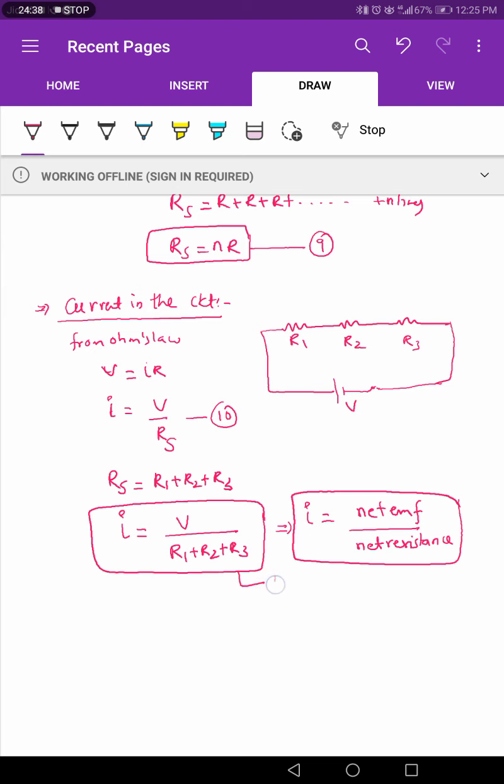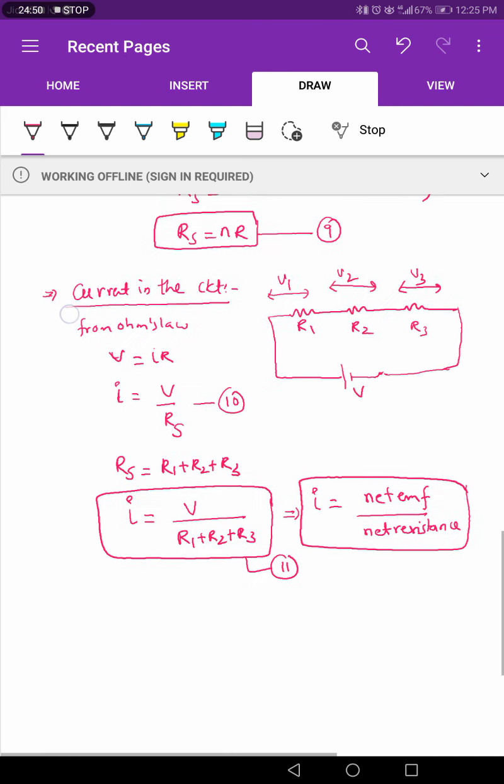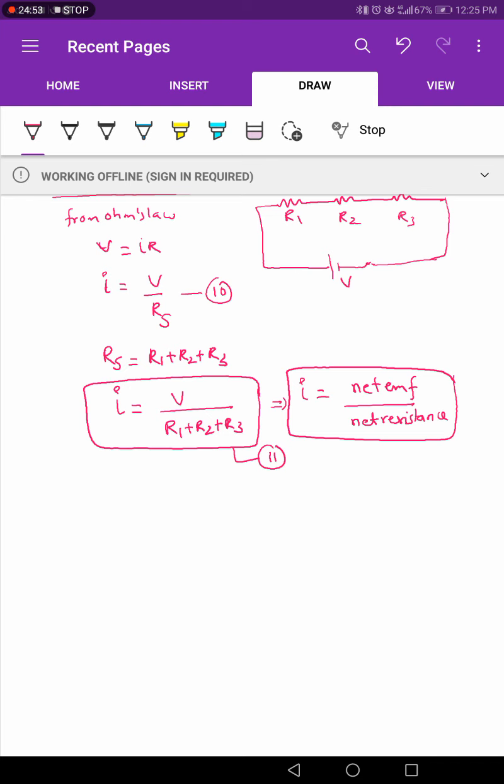So current is same, but not the potential drop. Potential drop is different, V1, V2, V3. So now can we write V1, V2, V3 values here? They will ask compulsorily PD across resistor 1. So V1 is equal to I1 R1, but I1 is equal to I2 is equal to I3, that is equal to I only.